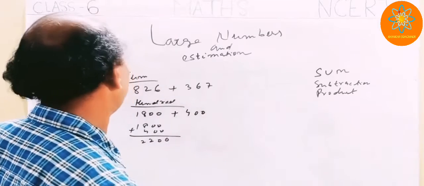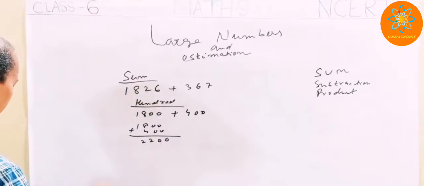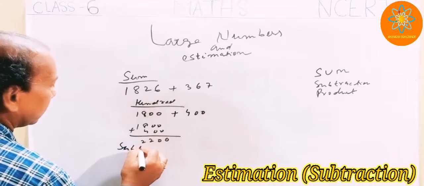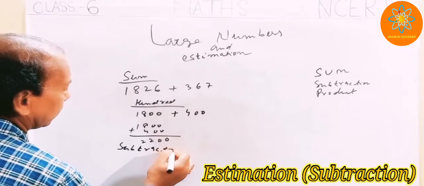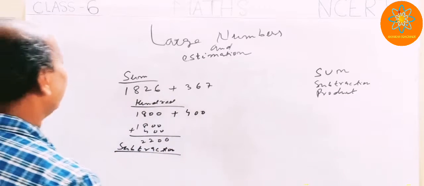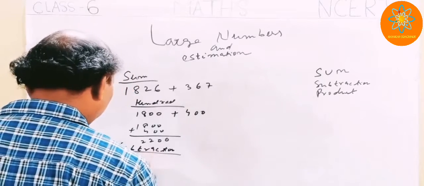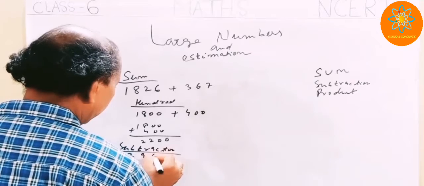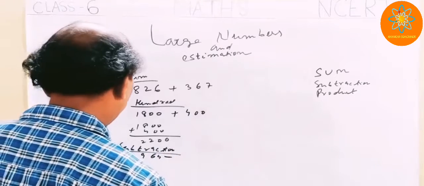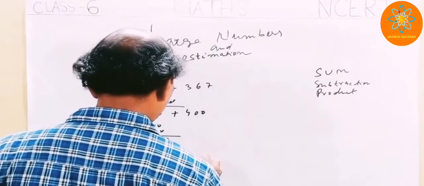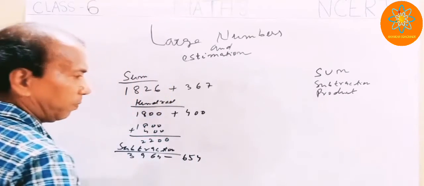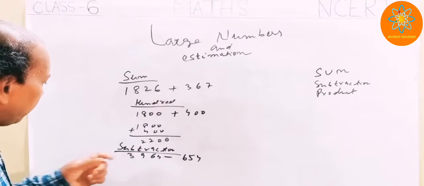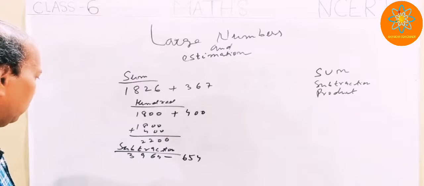Now let's suppose subtraction. In the case of subtraction, let's suppose the number given is 3964, and I want to subtract 654. I want to use the estimation process, rounding it up to 1000.